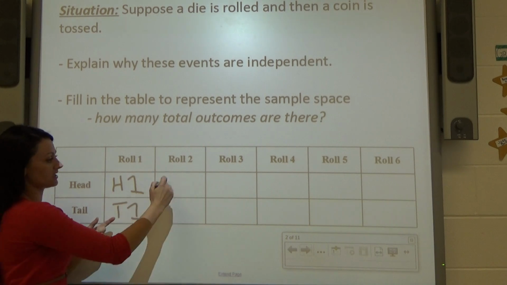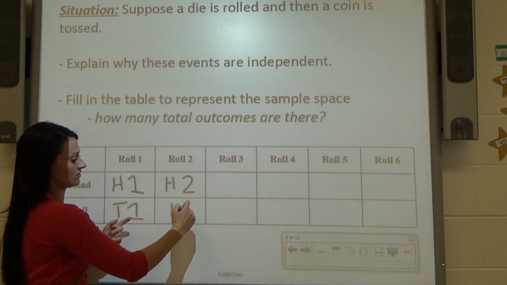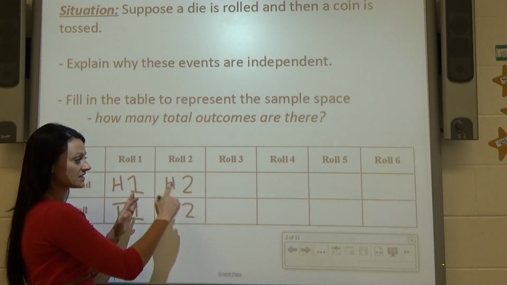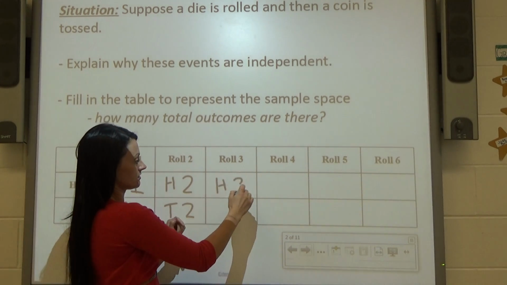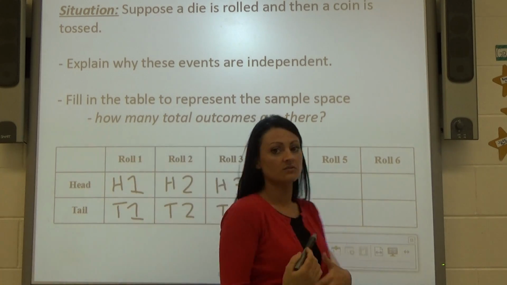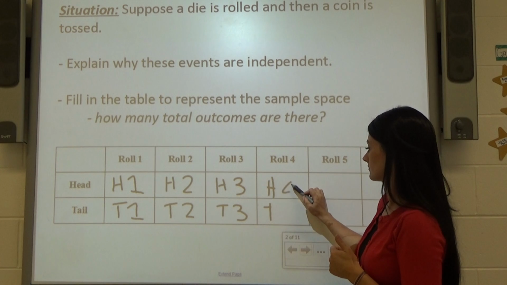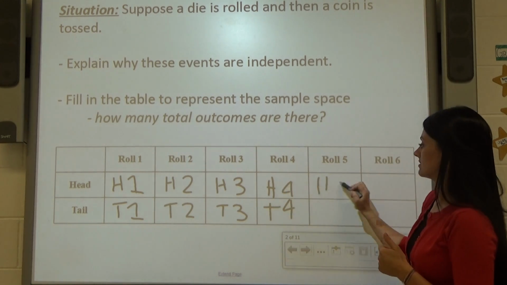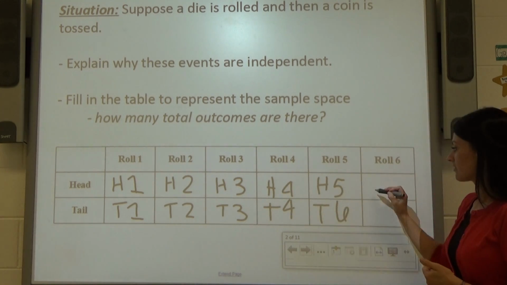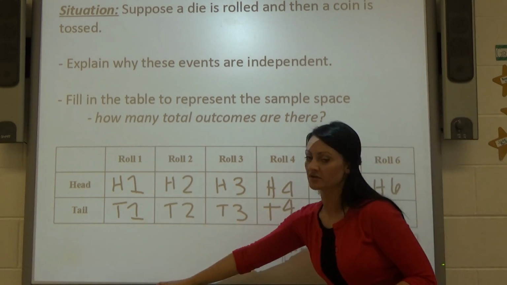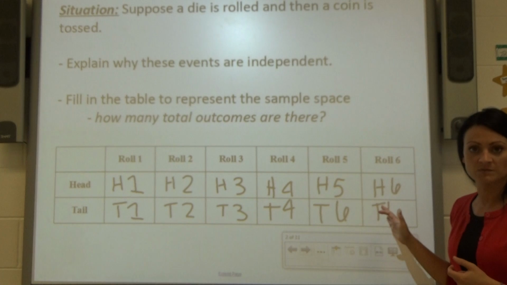I'm going to continue filling this out so that we can look at our sample space, and each of these is a different outcome based on what happened when I rolled the die and flipped the coin. You can see there are 12 different options in my sample space.